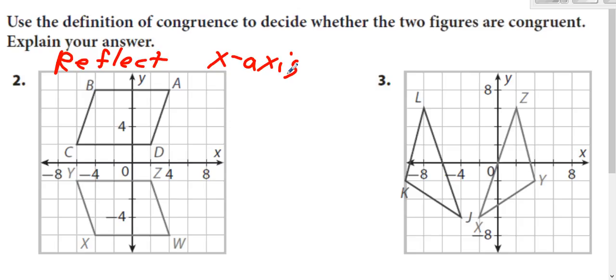It's just a mirror image, same thing above and below the x-axis. And then number 3 could be a reflection over this line that splits down the middle of them. Since the graph is counting by 2, that means that will be at x equals negative 3. Reflect over x equals negative 3.